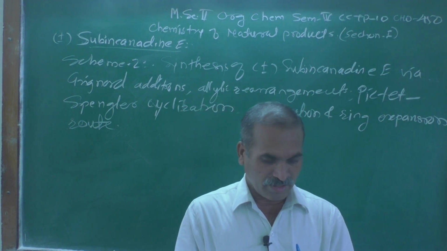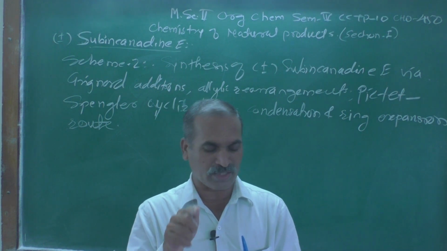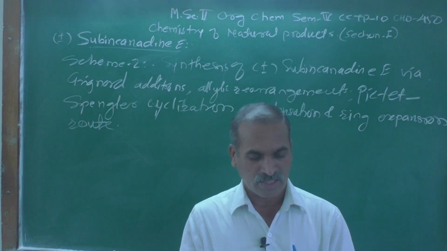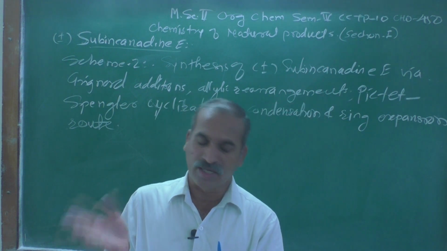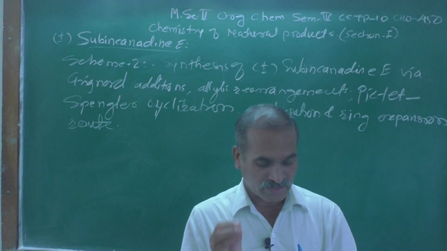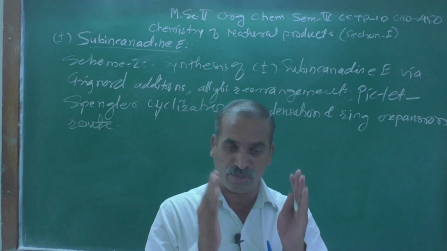The synthesis of plus minus Sabine Canadian E goes via Grignard's additions, allylic rearrangement, Pictet Spengler cyclization, condensation and ring expansion route.